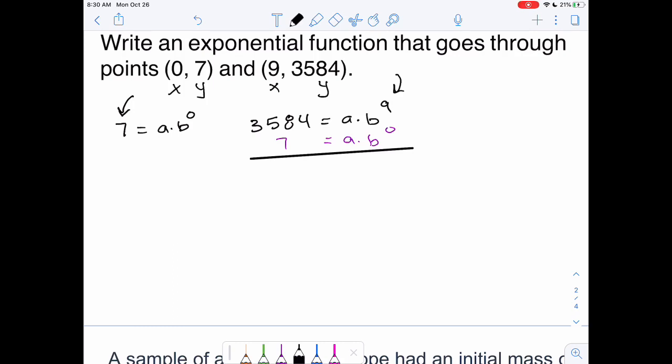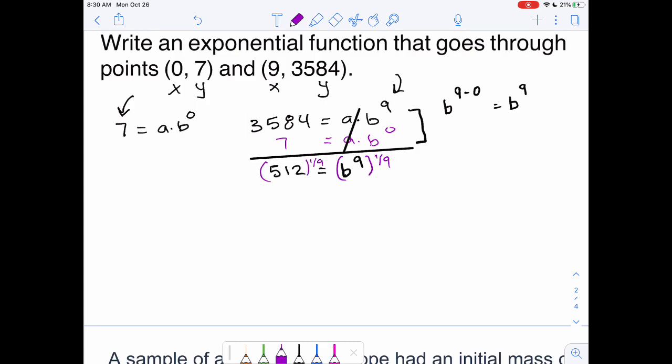3,584 divided by 7 is 512. A divided by a is just 1, so that disappears. And we have 2 terms of the same base, which means we're going to subtract our exponents and see we have b to the 9th. Great, now I need to raise both sides to the 1/9th power.